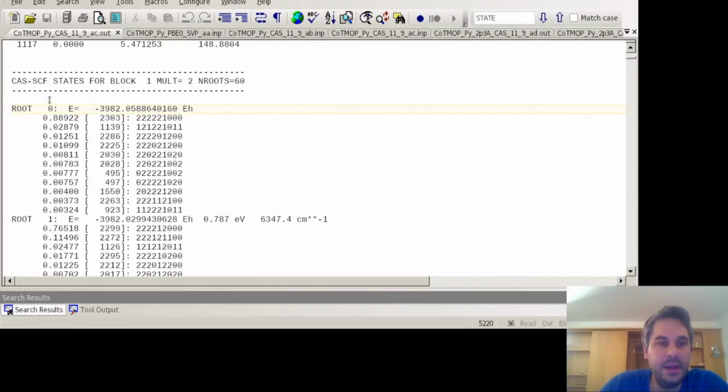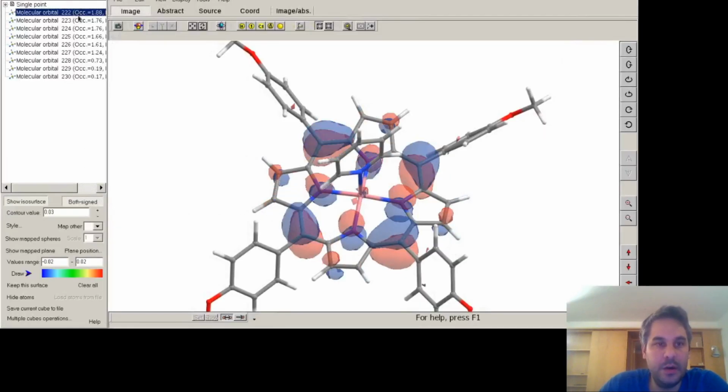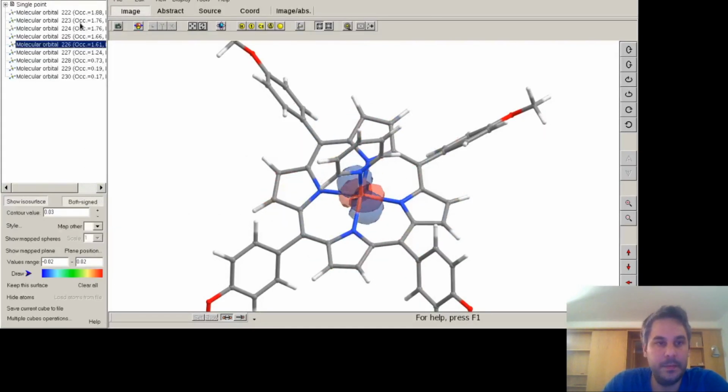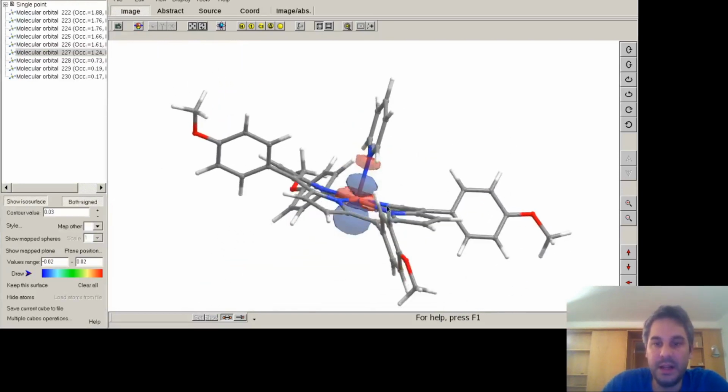So here is basically the composition of the different roots, and if I go to the ground state root, I see that the main configuration contains 1 unpaired electron in the 6th orbital out of 9. So which one is the 6th orbital? If I go here, the 6th orbital is DZ squared.